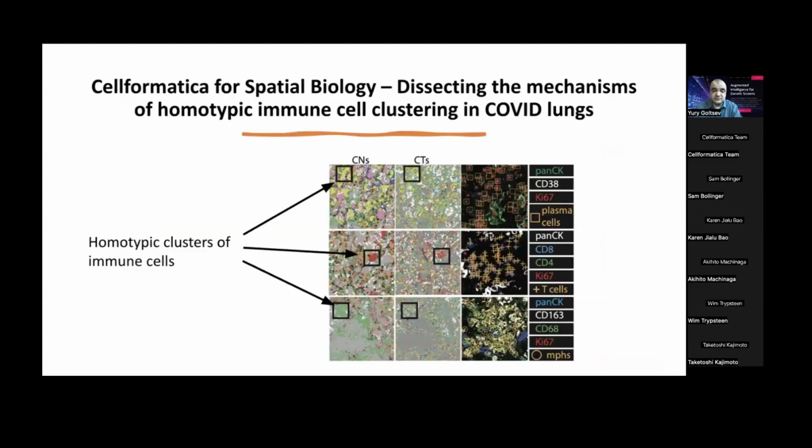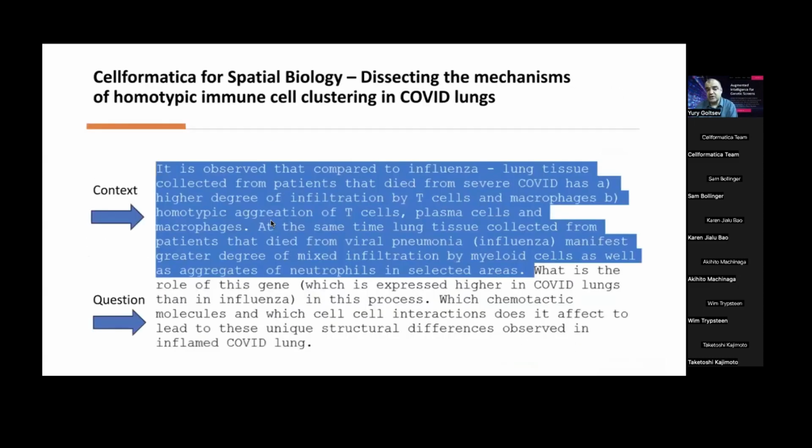I was using Cellformatica to dissect the homotypic clustering of certain types of immune cells that I see in COVID lungs and not in influenza. Here are these clusters of specific cell types that distinguish the microarchitecture of COVID lungs. What I did was formulate a question where I described the spatial phenomena in the context, and then asked which gene could be involved in this phenomenon.